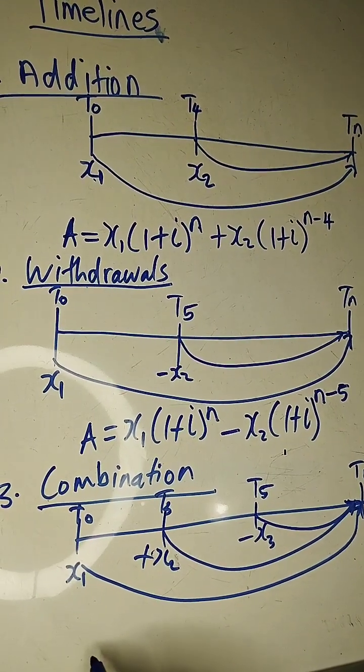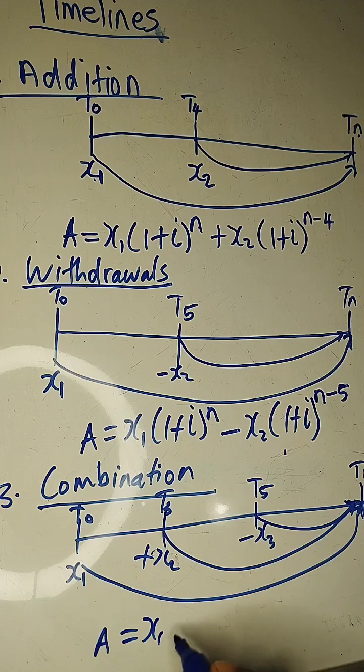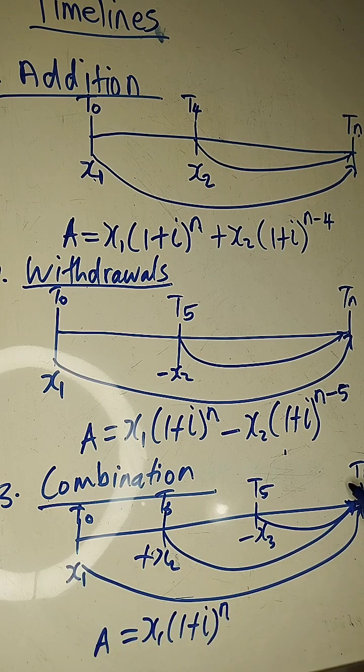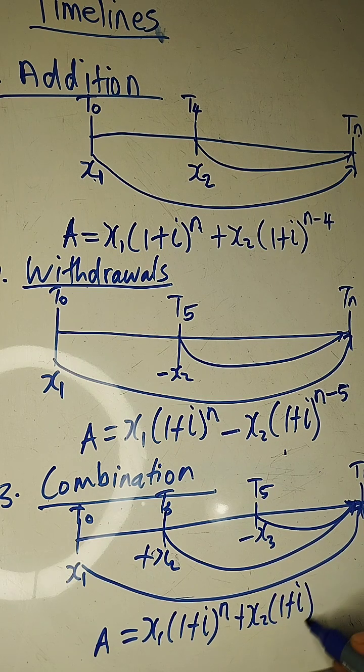It will be given by A equals X1 into (1 plus i) exponent n, because it goes the whole period. Then we say plus, because there was an additional, X2 into (1 plus i) exponent, and then we know that is n minus 3.